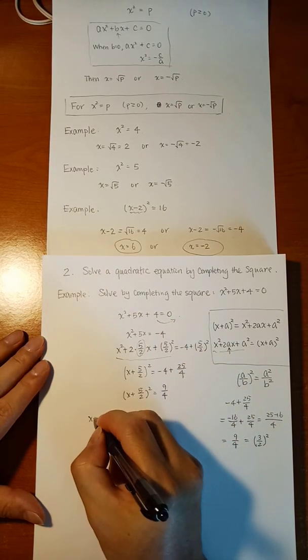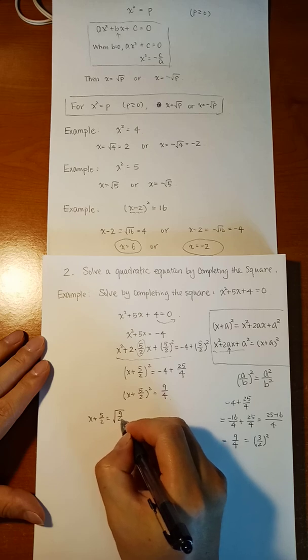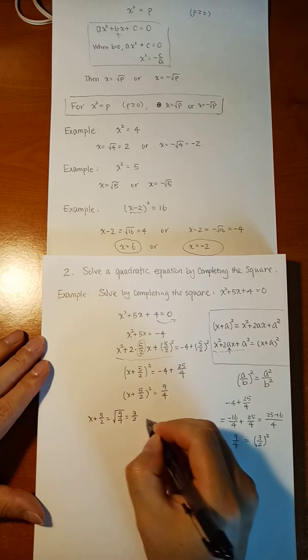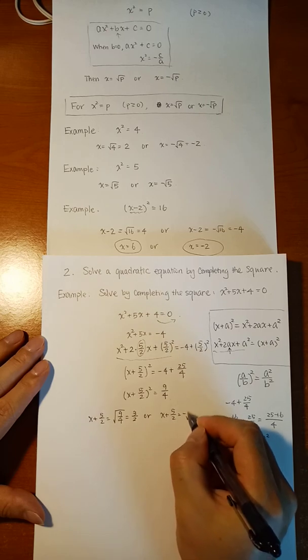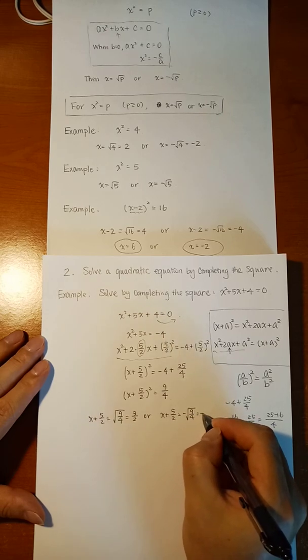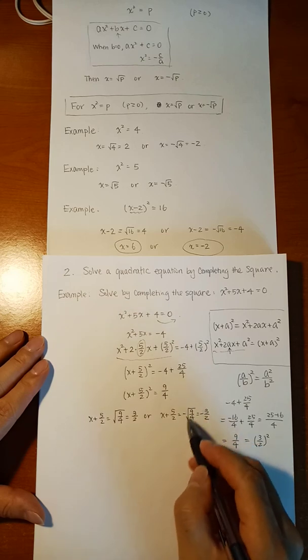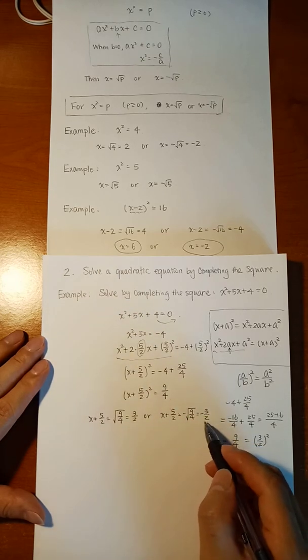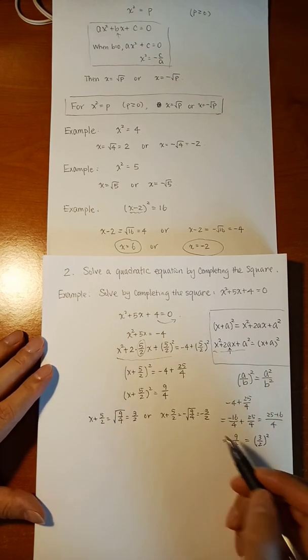You will get x plus 5 over 2 is the square root of 9 over 4, which is 3 over 2, or x plus 5 over 2 is negative square root of 9 over 4, which is negative 3 over 2. If you are familiar with the square root operation, you can skip this middle step. But if you are not, just write them to remind you how you get this 3 over 2.